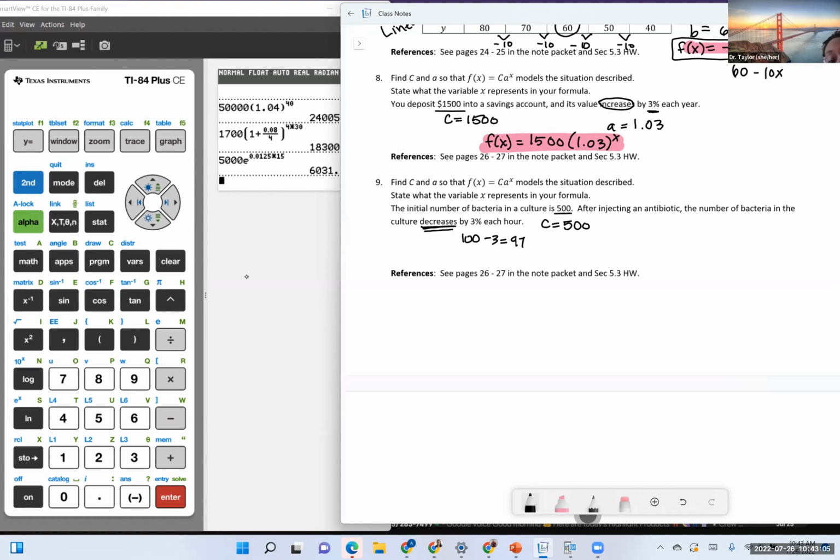So that's going to be a value of 0.97. Remember, if it's less than 1, it's decreasing. So f of x equals 500 times 0.97 to the x. And of course, you can make this more legit and put 0.97. And that's that.